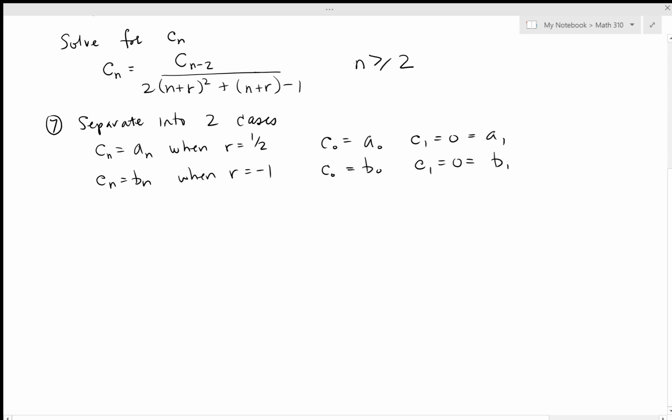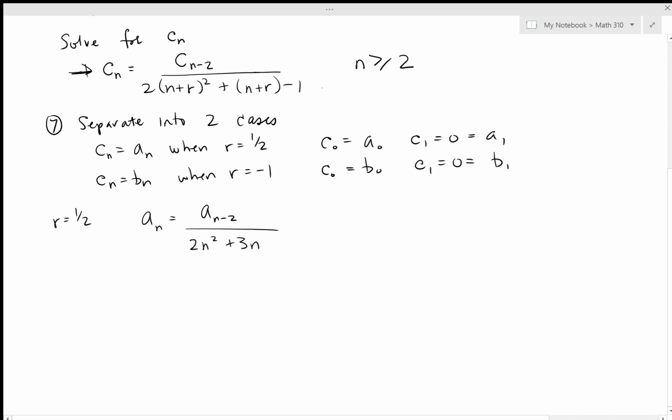Okay, so let's take now a look here. When r is equal to 1/2, that was good. I'm now taking this expression here for Cn. I am now fixing r to be 1/2. That's going to be allowing me to calculate the An's. That's going to give me this recurrence relationship here. An is An-2, and substituting in r is equal to 1/2 into that, I get 2n squared plus 3n.